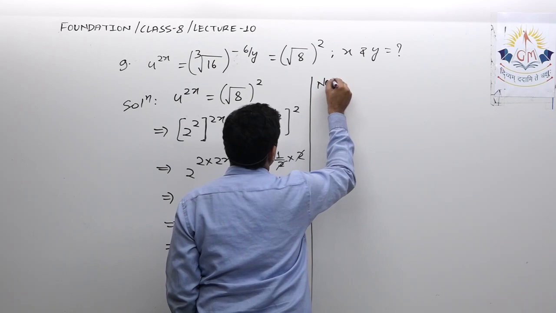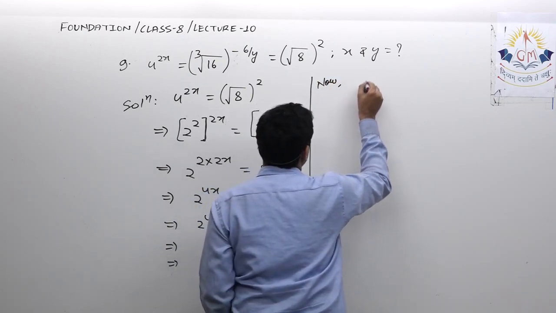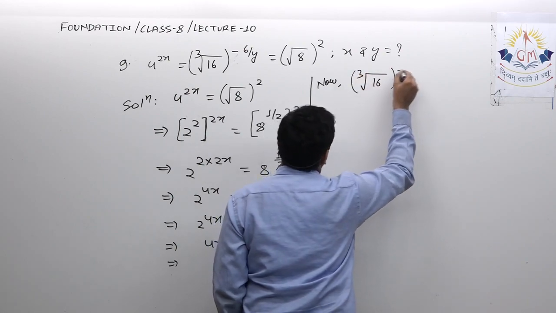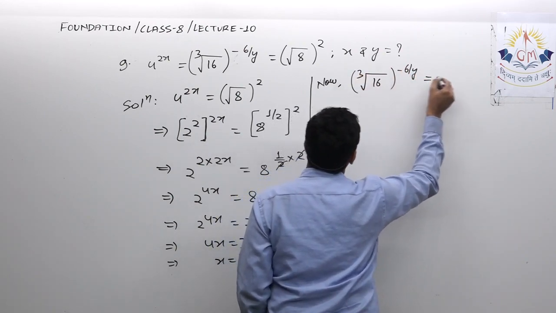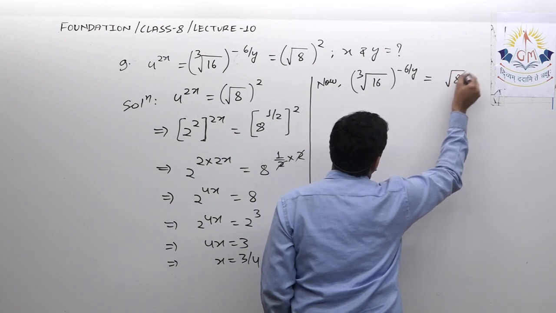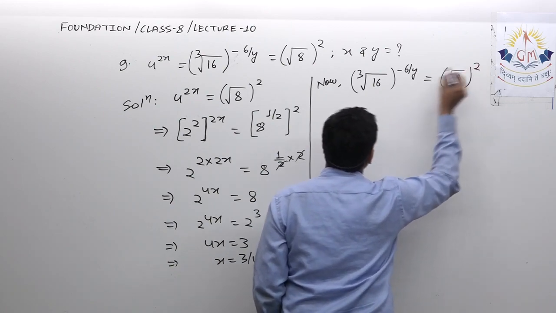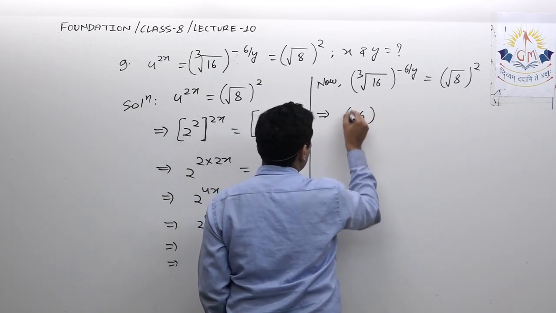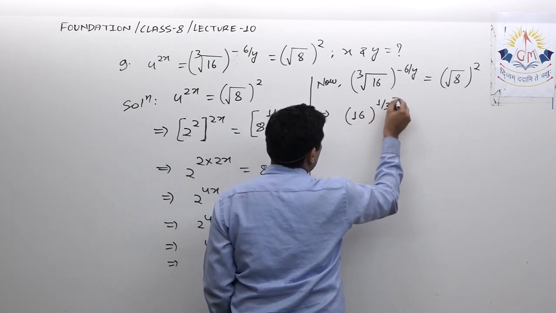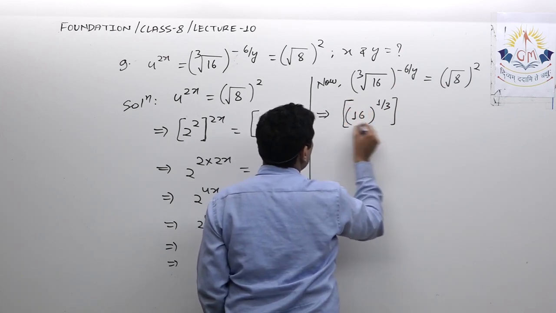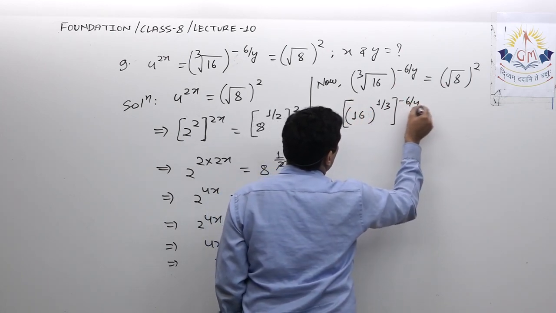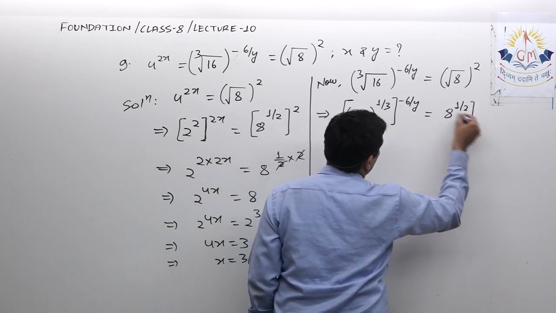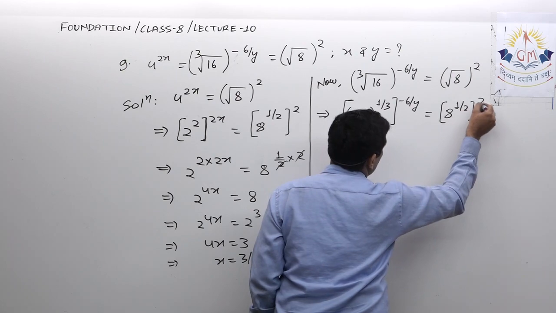Okay, so now cube root of 16 raised to minus 6 upon y is equal to square root of 8. So this will become 16 raised to 1 by 3 raised to minus 6 upon y, and over here 8 raised to 1 by 2 raised to 2.